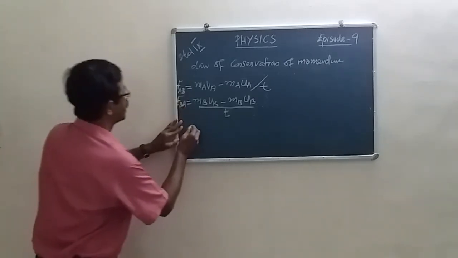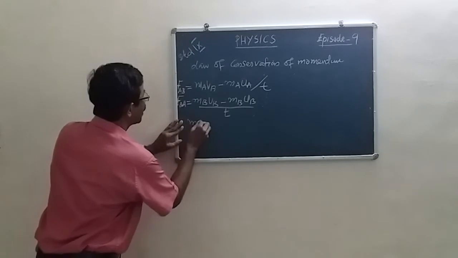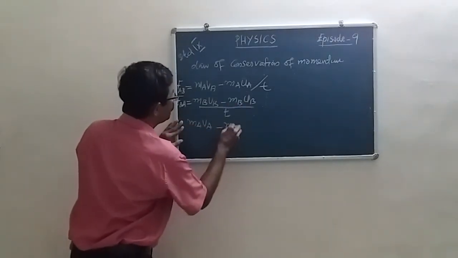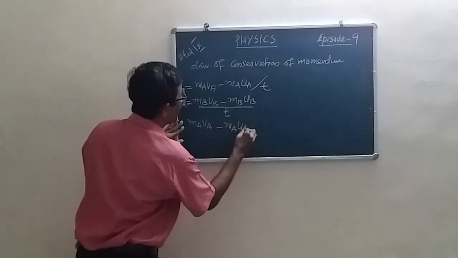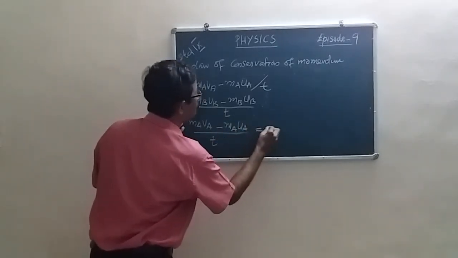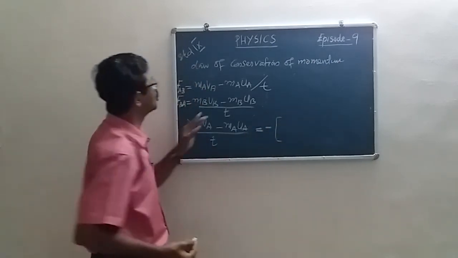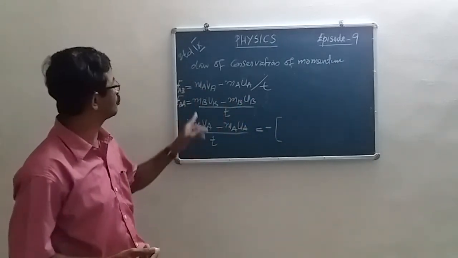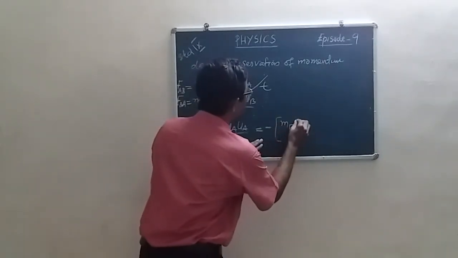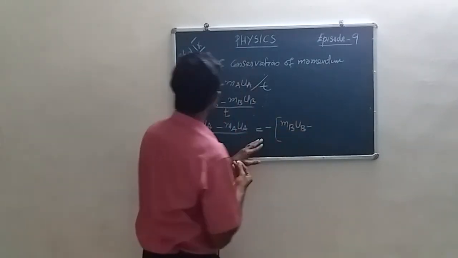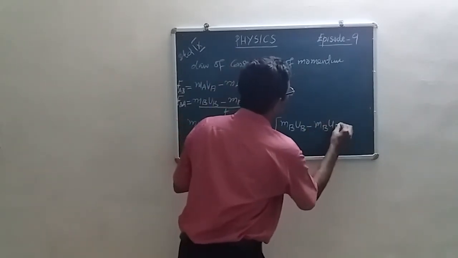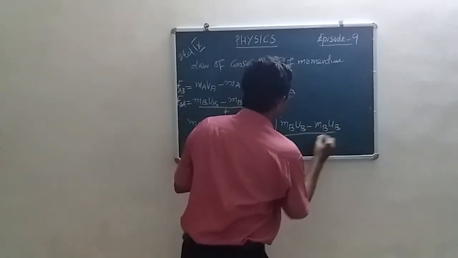So we can write MA VA minus MA UA divided by T is equal to minus, this minus is common to all, so we put it in a bracket, MB VB minus MB UB divided by T.